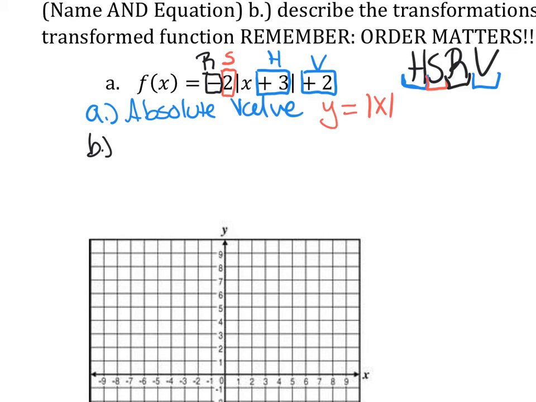Okay, so now we just go through HSRV order, and we list our transformations that are happening. So for H, we are adding 3 on the inside, which means we would move left 3. Then for S, that's a 2 that we're multiplying by, which is bigger than 1, so it'd be a vertical stretch by 2.